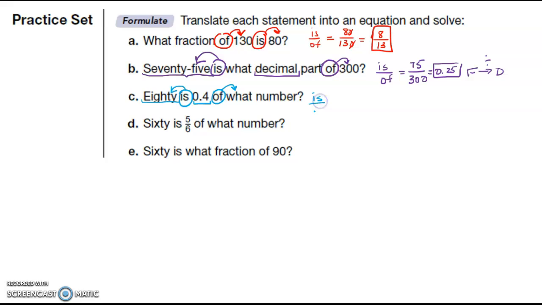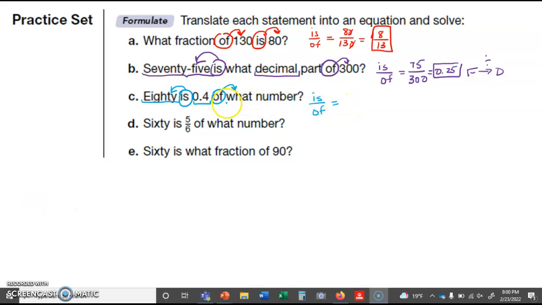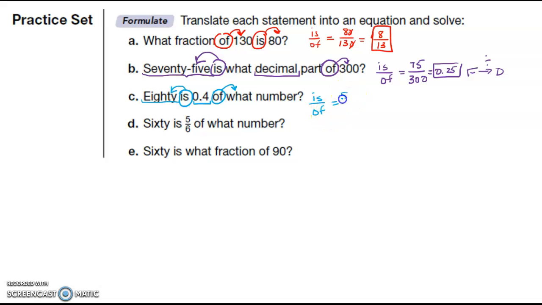So if we do our is over of, is 80. Of what number? That's going to be here. The is actually the equals here, and so that's going to be 0.4.